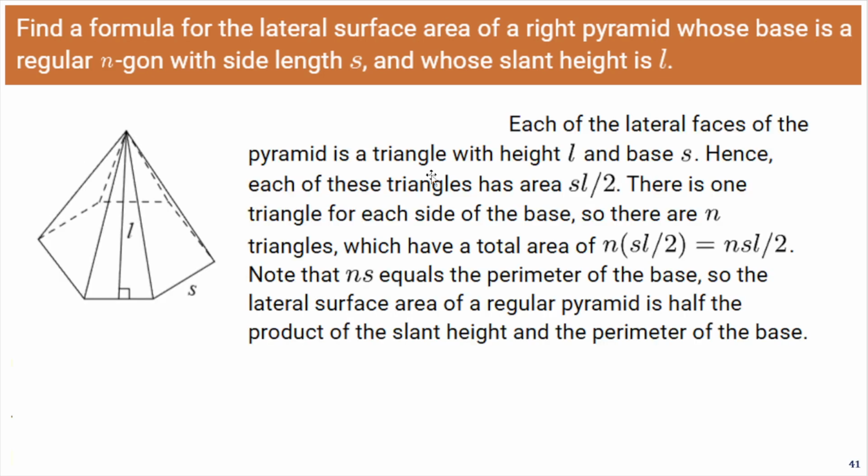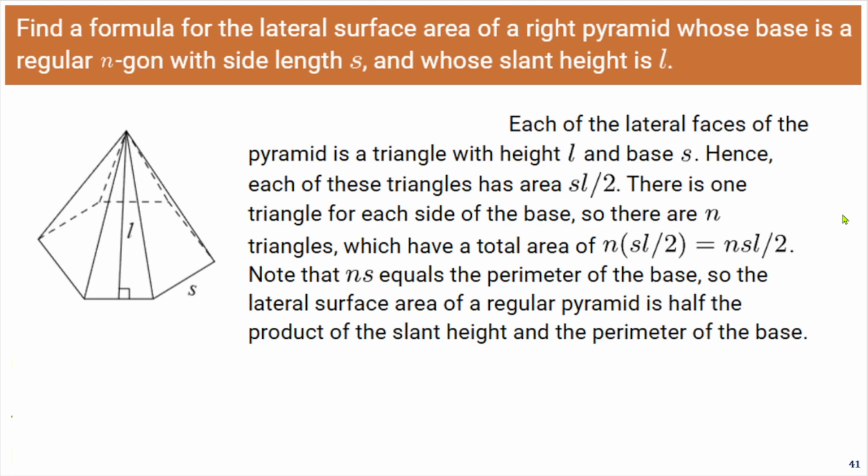Okay, let's have a look at the solution together. Each of the lateral faces of the pyramid is a triangle with height L and base S. Hence, each of these triangles has area SL over 2, right? There's one triangle for each side of the base, so there are n triangles, which have a total area of n times SL over 2, or nSL over 2.